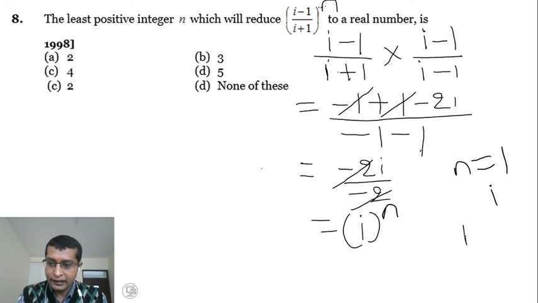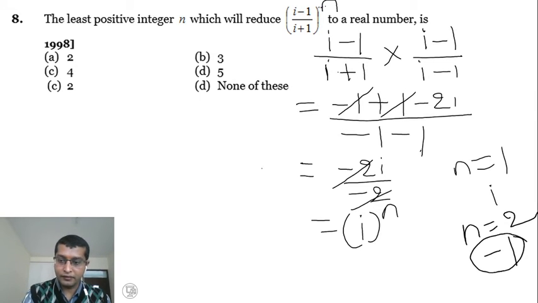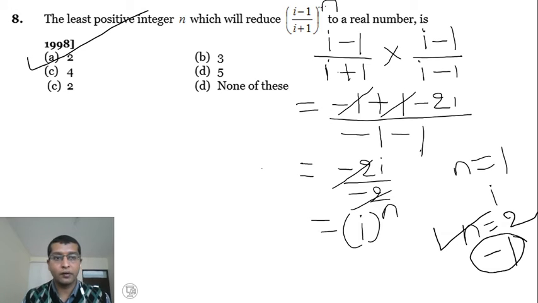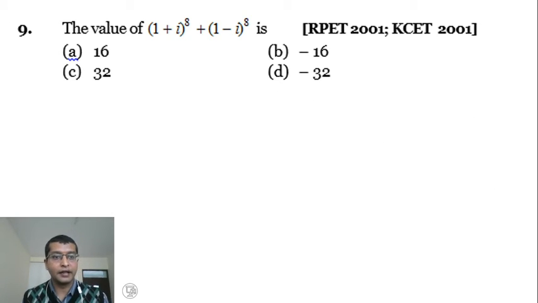If we take n equal to 2, i square is minus 1, which is a real number. Therefore the suitable value of n is 2, therefore option A is the right answer here.